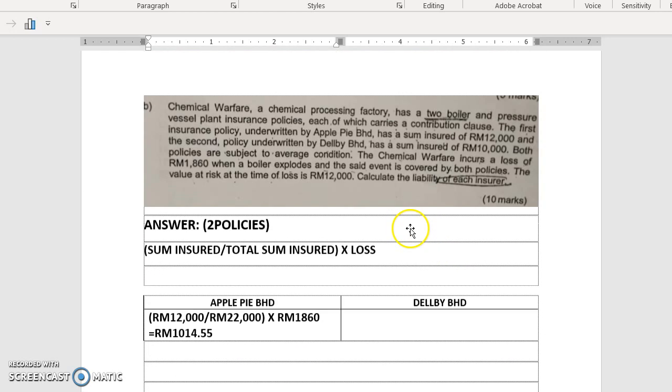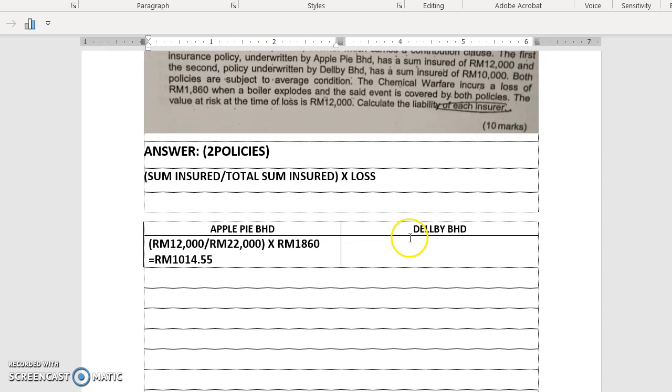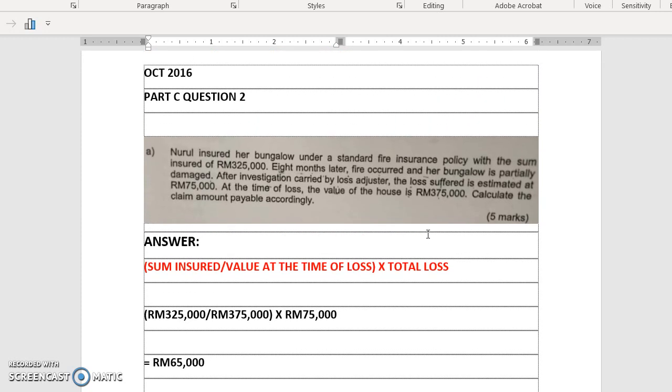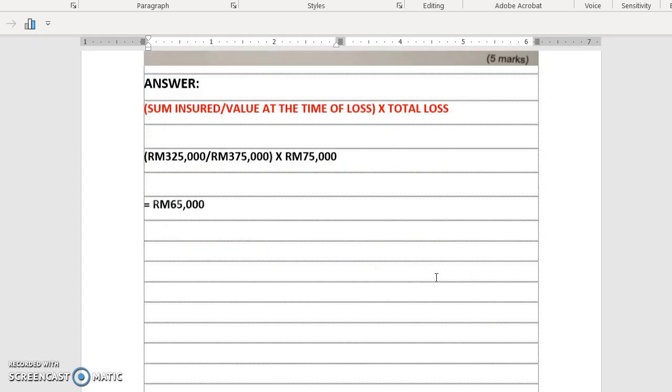Same goes for question B, you can do it on your own as an exercise to calculate the amount of claim by Delby Berhad. And for question A, this is a different formula, the formula for one insurance policy: sum insured divided by value of the asset at the time of loss times the total loss.